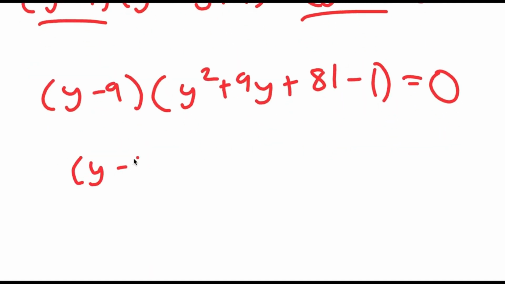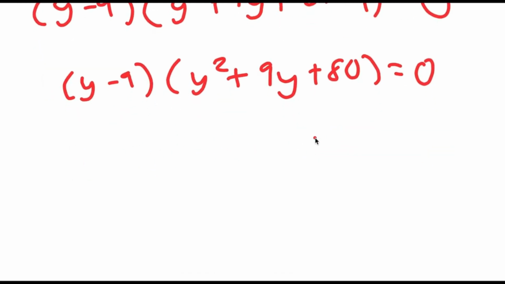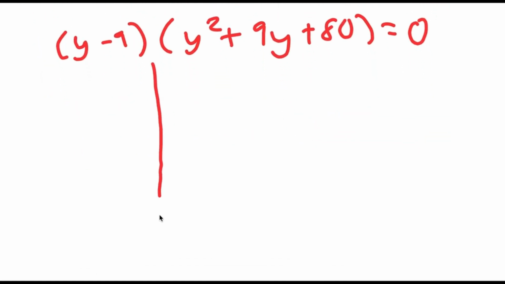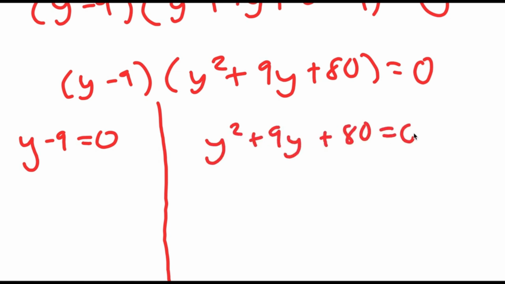So this turns into y minus 9 times y squared plus 9y plus 80. So now this gives me two equations. I have y minus 9 is equal to 0, and I also have y squared plus 9y plus 80 is equal to 0.